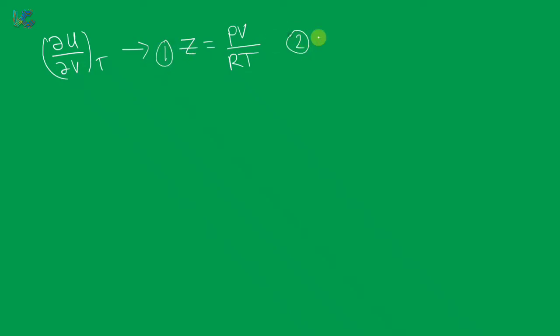Now we'll derive the value of del U del V at constant T when Z is equal to PV by RT, and also when Z is equal to 1 plus B by V. Now what is Z?